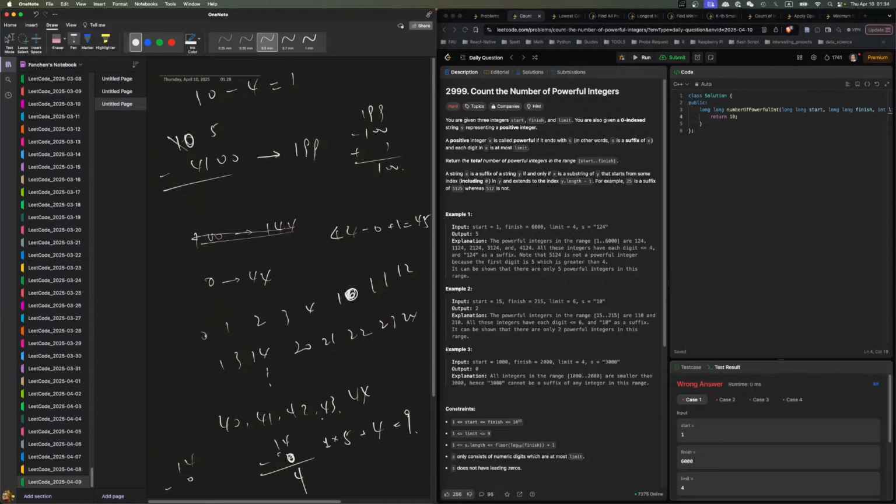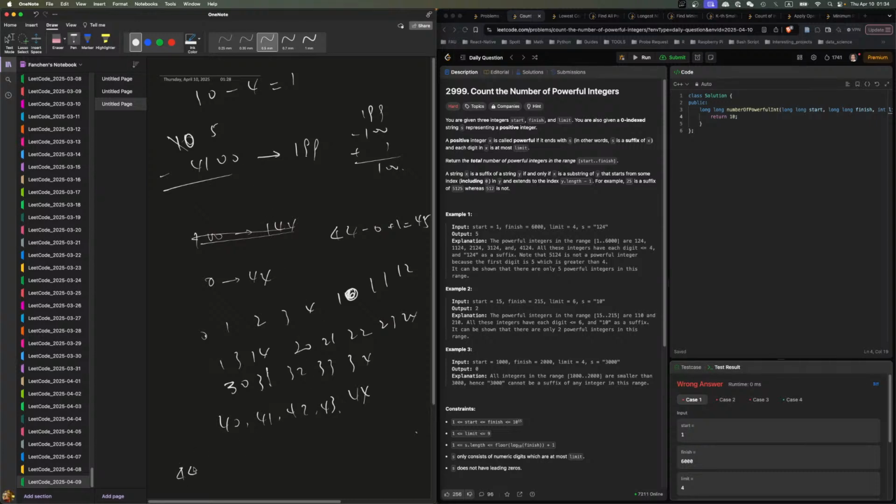Right? So in that case, let's say 30, 31, 32, 33, 34, 40, 41. So now what we want to do is find out a number between, let's say, 44 and 20.